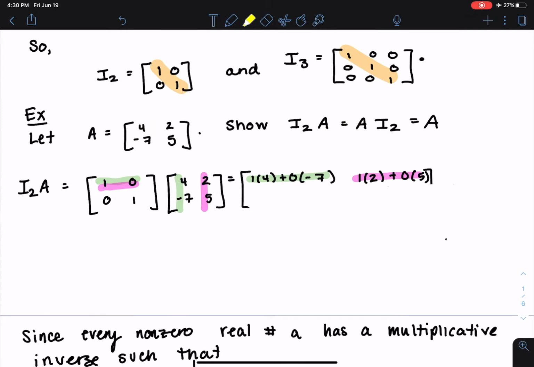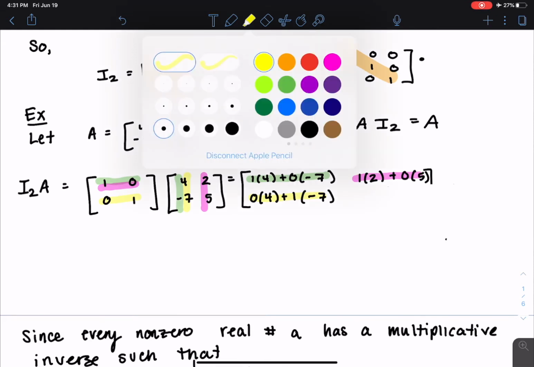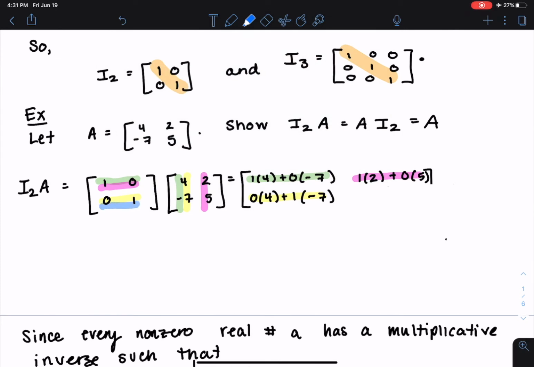If we move on and do the second row times the first column, that'll give me the element in the second row, first column. So you'll get 0 times 4 plus 1 times negative 7. And then finally, if we do the second row, second column, we're going to end up with the element here.